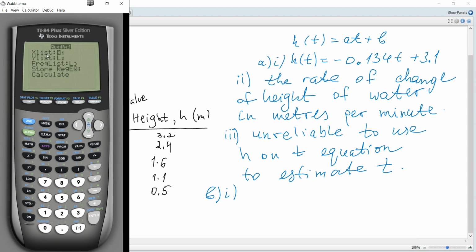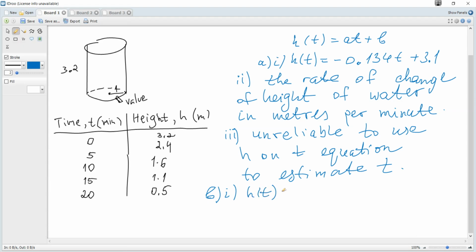Time, it's x, independent, it's L1, y, it's height, dependent, L3 is frequency, and we get the result. a, b, c, so h of t is 0.002 t squared minus 0.174 t plus 3.2.